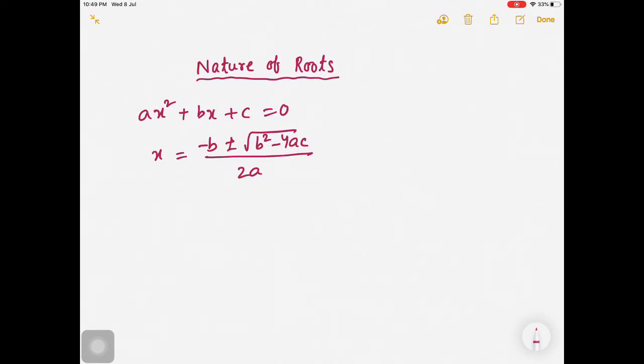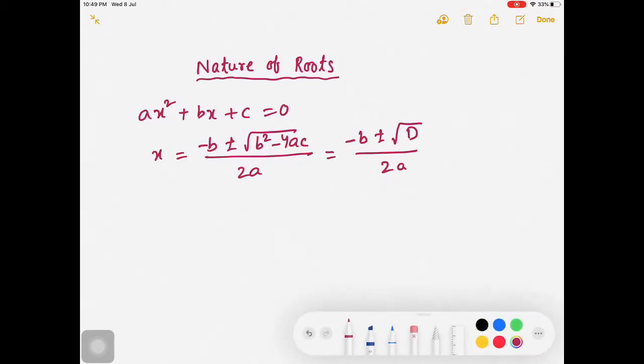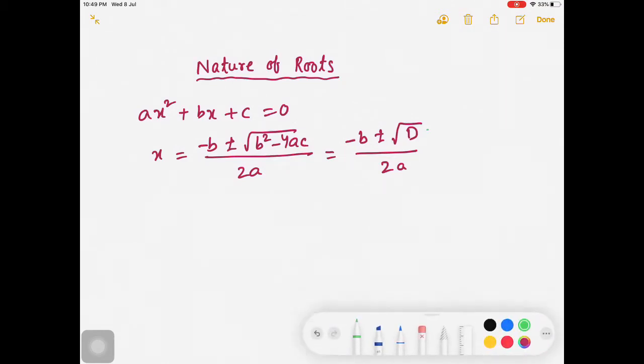This is your quadratic formula that you have learned earlier. Now this can be written as minus b plus or minus square root of D by 2a. So what is D here? D is called the discriminant.